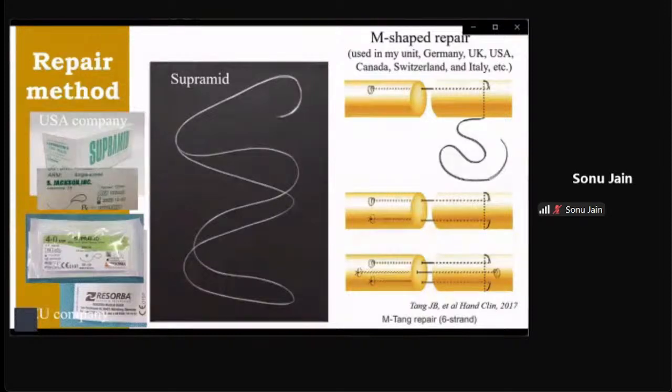In the United States, S. Jackson produces and sells Supermid. In Europe, the German company you see in the lower part of the slide sells Supermid to many European countries. Such an M-shaped repair has become quite popular in many European and American countries.